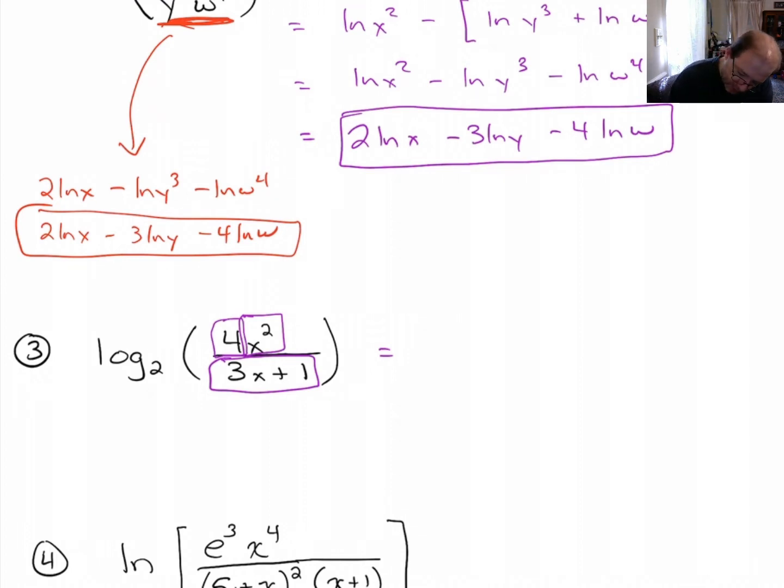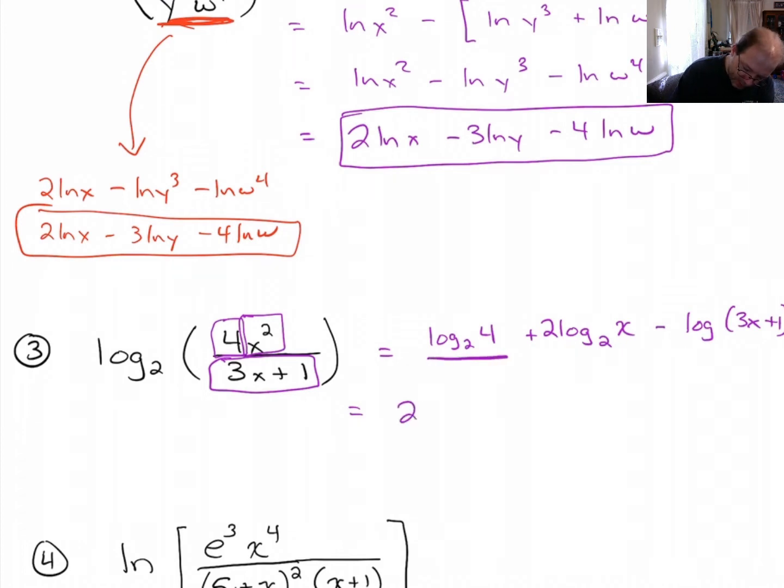This is going to break into log base 2 of 4 plus log base 2 of x squared. Let's go ahead and move that square down front. Then minus log of 3x plus 1. And can I do anything to this? Yeah, I can evaluate that. Log base 2 of 4 is 2.